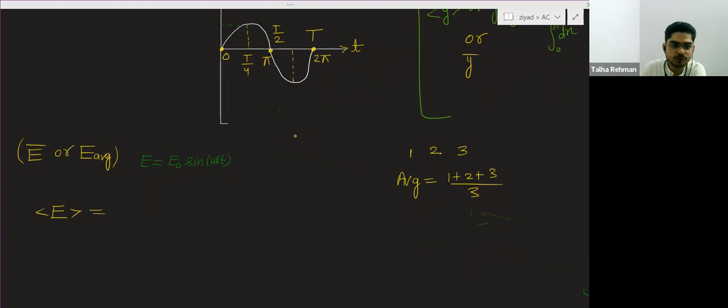We want the average for a full cycle, which means for time 0 to capital T. So we will integrate E naught sine omega t from 0 to T, and after that we will integrate dt from 0 to T.